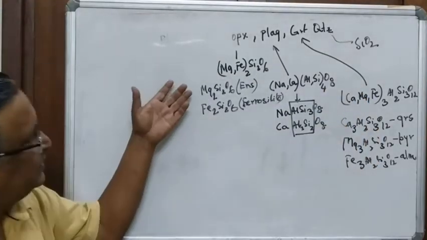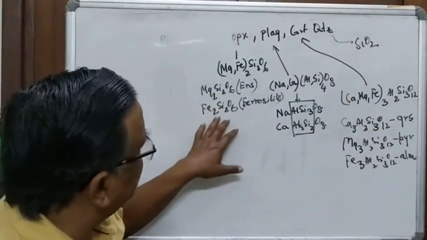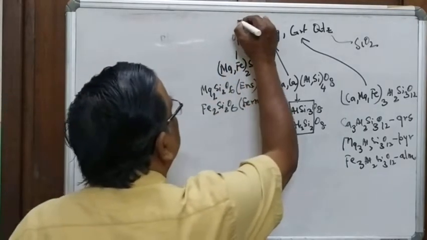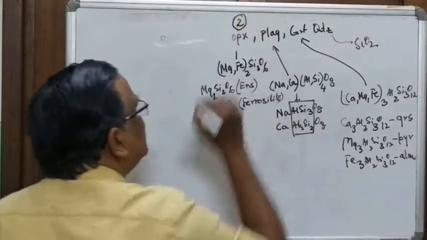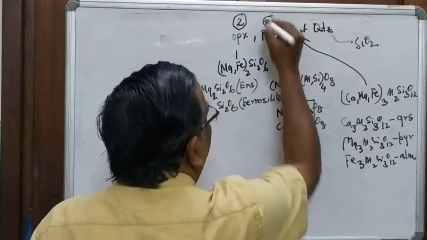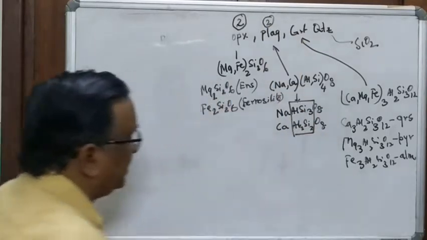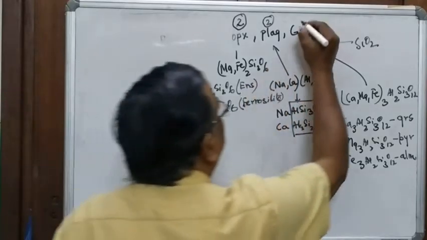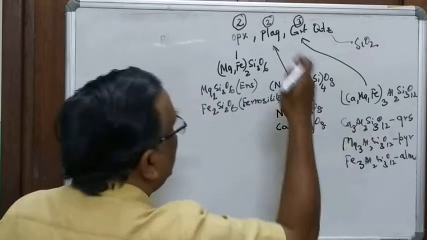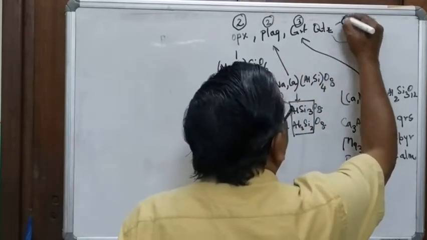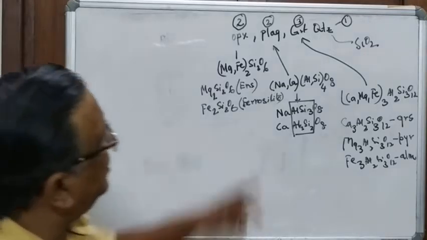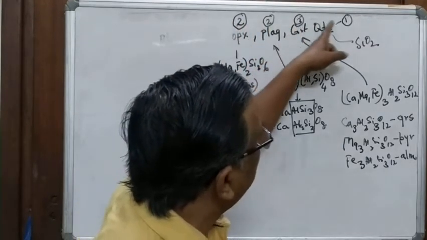So orthopyroxene has two phase components. Plagioclase has two phase components. One is called albite, the other one is called anorthite. Garnet has three phase components, according to what we have. And quartz has one phase component. So the phase components are 2 + 2 = 4, + 3 = 7, + 1 = 8.